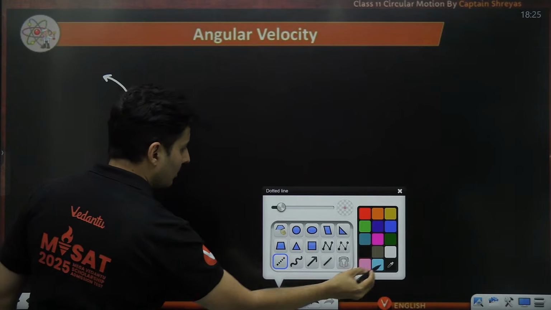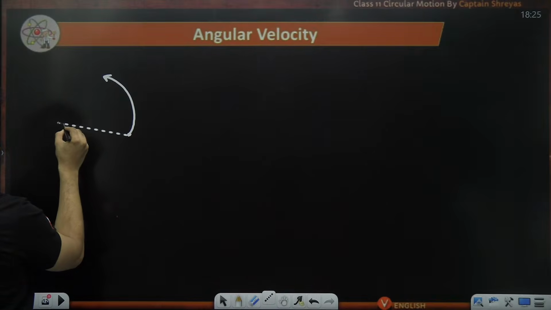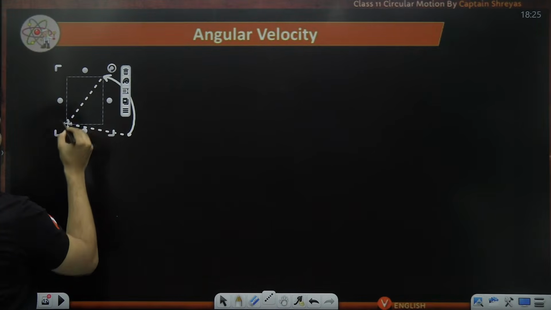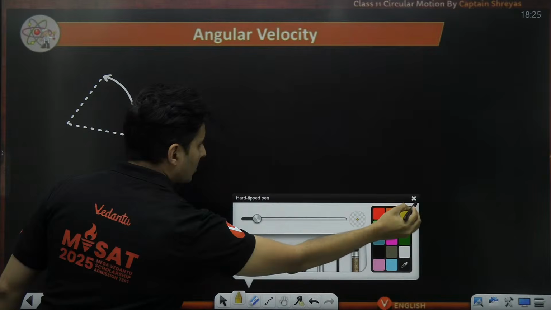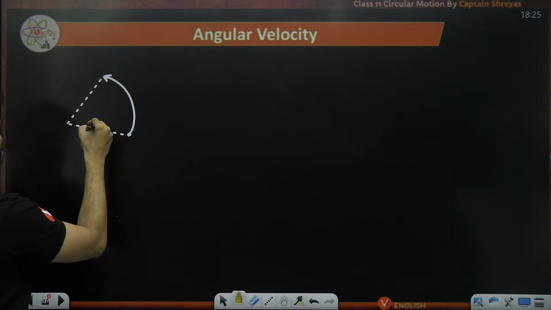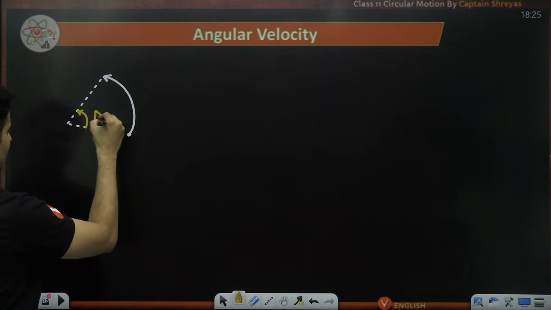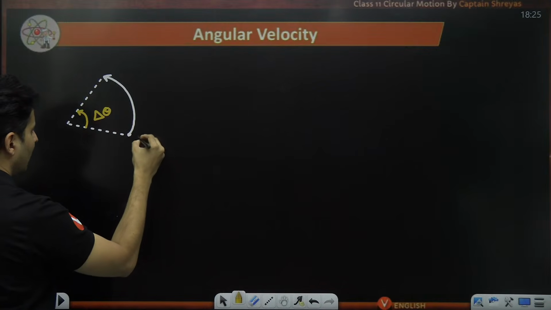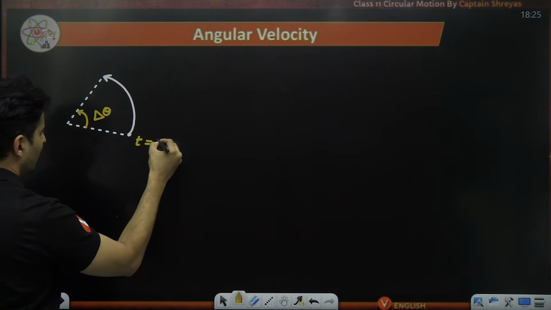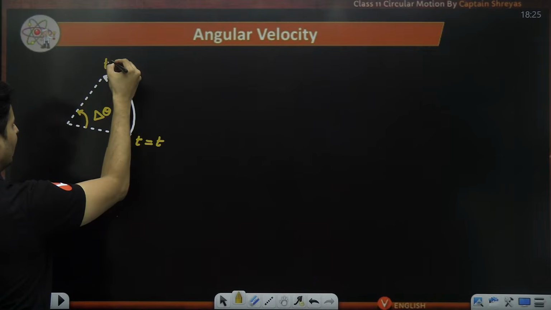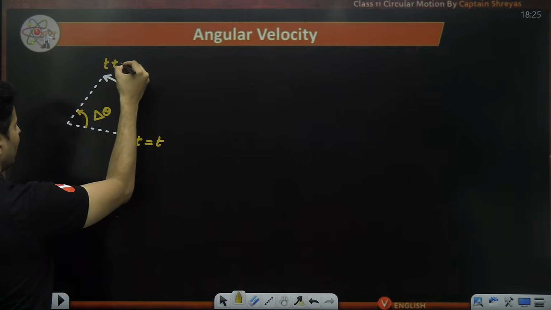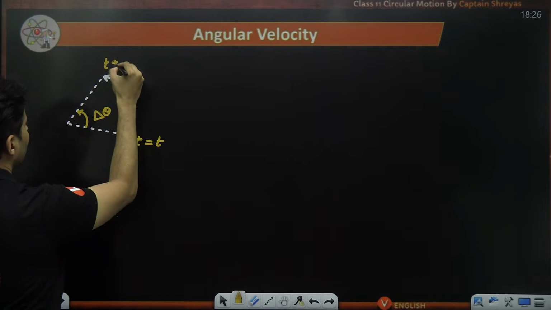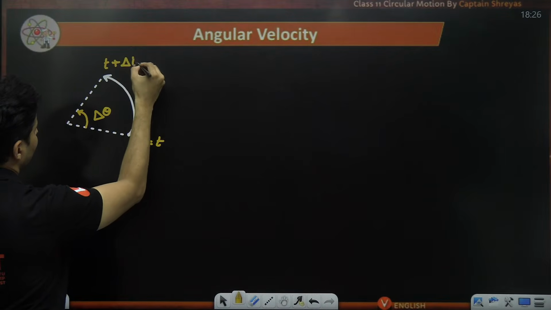and let's say this is the center, so it has displaced this much, delta theta, and here the time was some t, and here it is t plus some delta t.